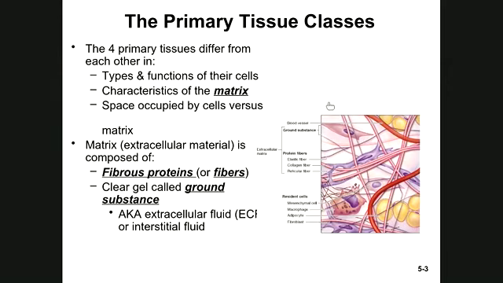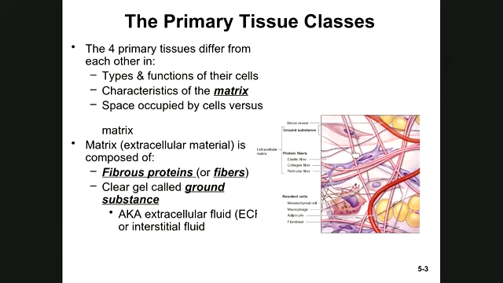In this picture, you can see different types of cells. This is one cell, this is the other one. Here you have another cell with a different shape, and here you can see others. Between the cells, everything which you have is called matrix or extracellular material. And this extracellular material is composed of different fibers.